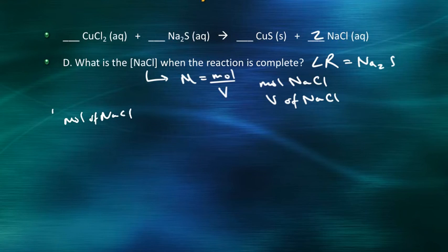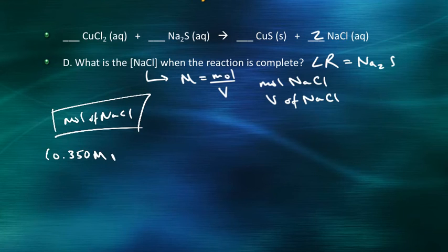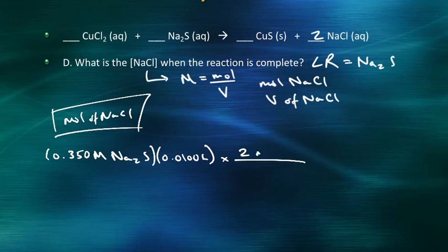So how do we find the top part of my equation? Well, we're going to start with the limiting reactant information. Our molarity for the Na2S was 0.350 molar, and our volume was 10 milliliters. Okay, and then we would go straight into the mole ratio. Well, we're turning it into NaCl this time, so it's 2 on the top over 1 mole of Na2S.